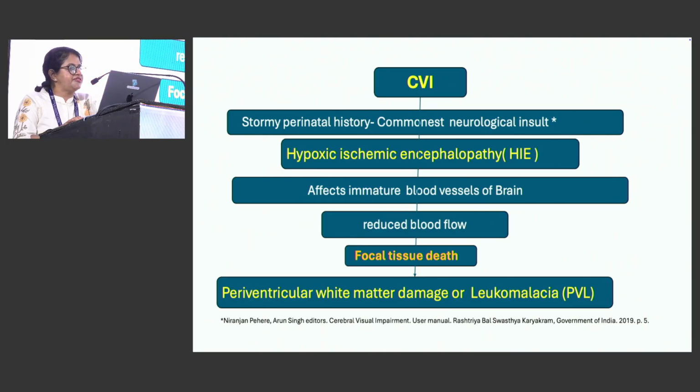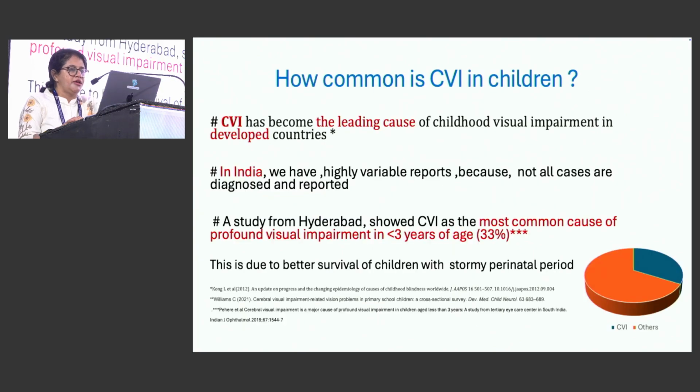Coming to the pathophysiology, hypoxic ischemic encephalopathy affects the immature blood vessels of the brain, causing reduced blood flow and focal tissue death, leading to periventricular leukomalacia of the white matter, otherwise known as PVL. So how common is CVI in children?